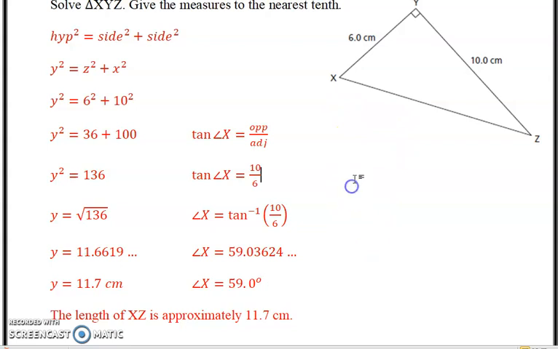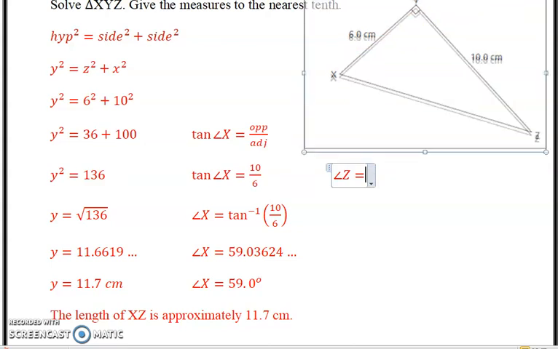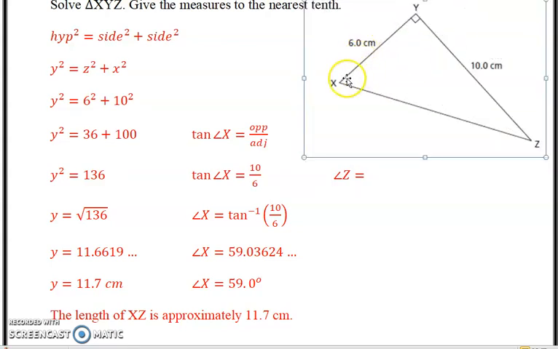And you can do another tan ratio if you want, using z as 6 over 10. Or an easier calculation, in my opinion, when you're looking for angle z, it's simply equal to, remember the two angles other than the 90 in a right triangle equal 90.